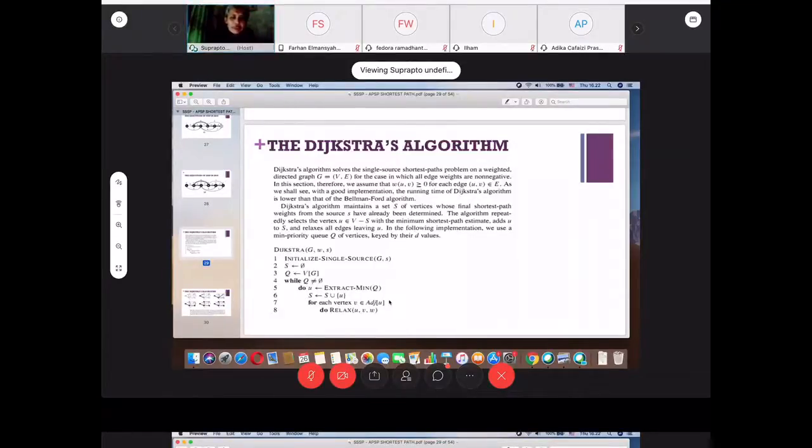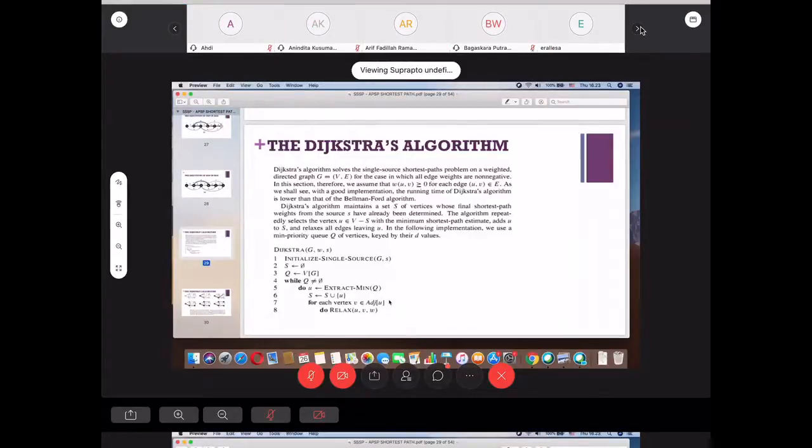Okay, after initialization, the algorithm initializes the set S, capital S, initially empty, right?